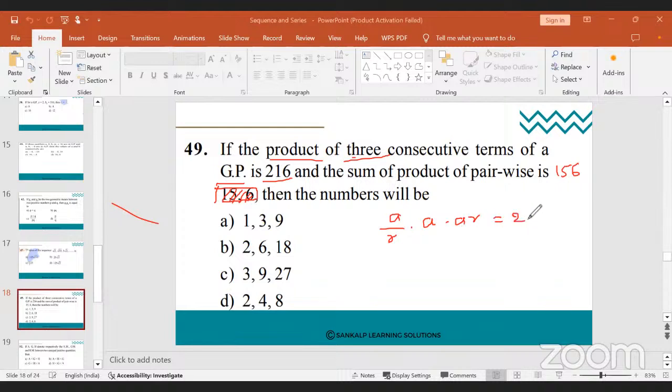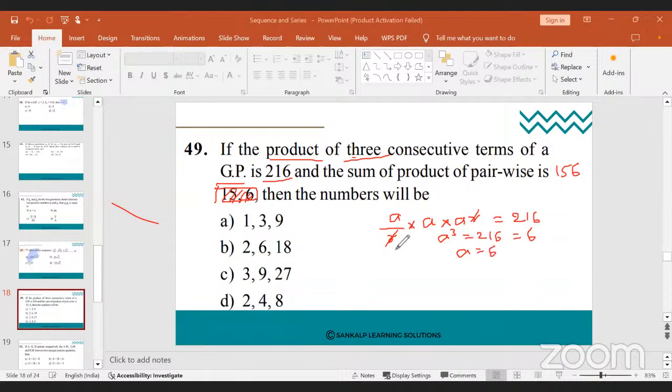What is the product? It is given as 216. R and R get cancelled, so A cube is equal to 216. What is the cube root of 216? It is nothing but 6. So A is equal to 6 now.